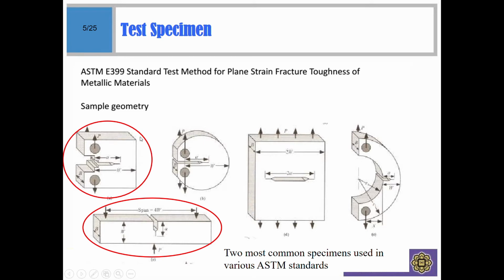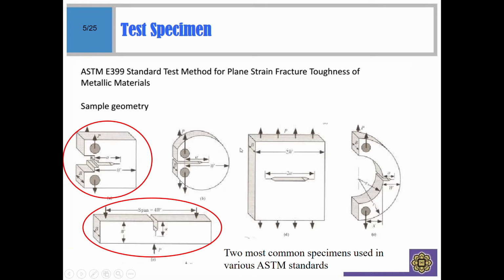You can see this is mostly a flat surface, and P here is the force acting on the structure. A is the crack opening length, and then we also have a different type of length.